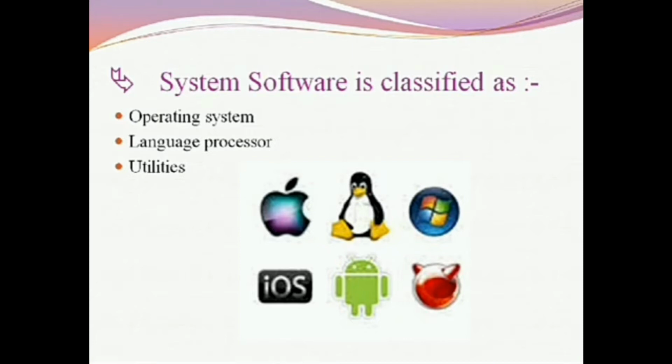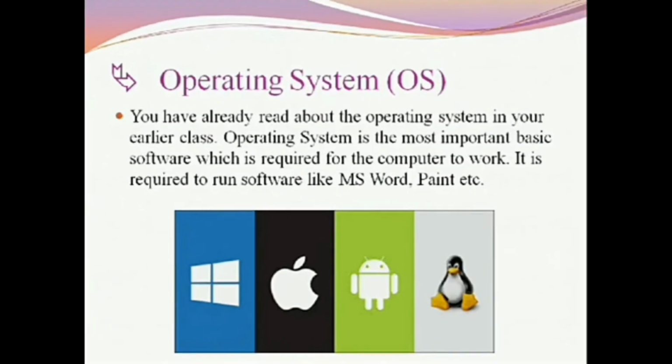First of all, we are going to learn about the operating system. You have already read about the operating system in your earlier class. Operating system is the most important basic software required for the computer to work. It is required to run software like MS Word, Paint, etc.